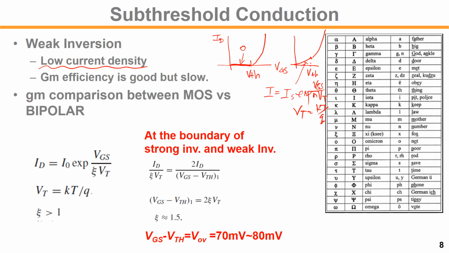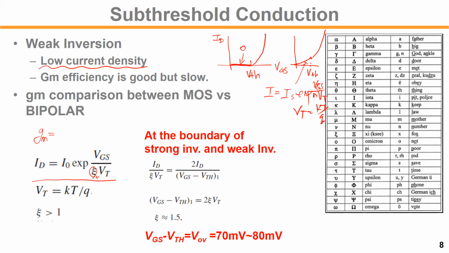And here we just put a factor like C. There's just some factor there, but still it is an exponential function. So in this region, the GM of this device is very large. So GM in this region is what?